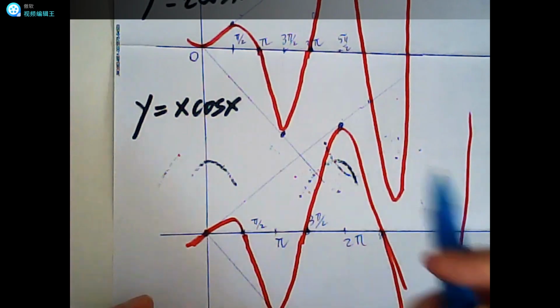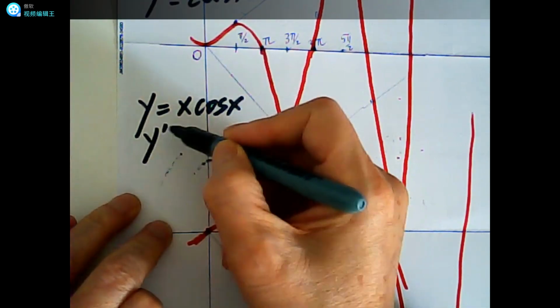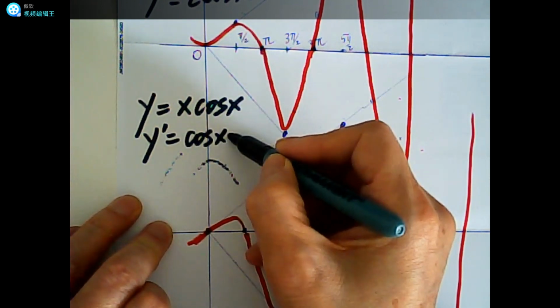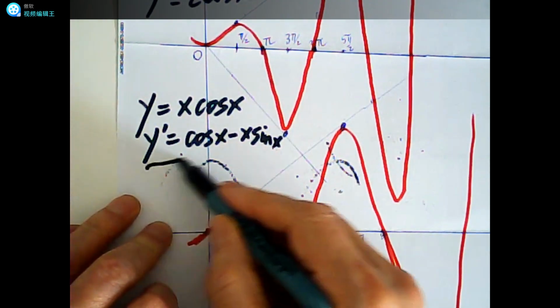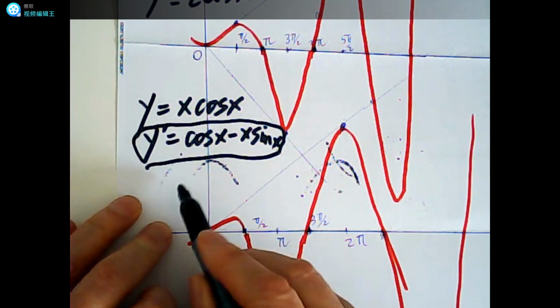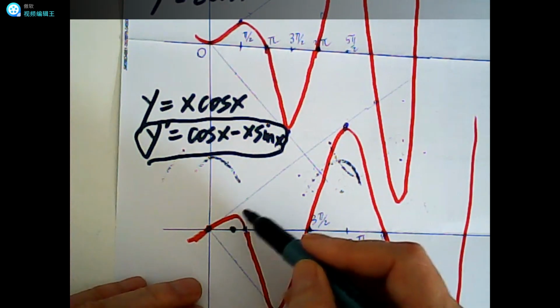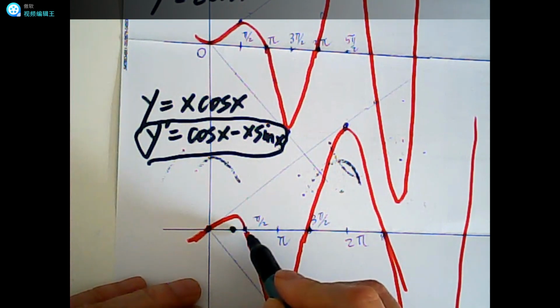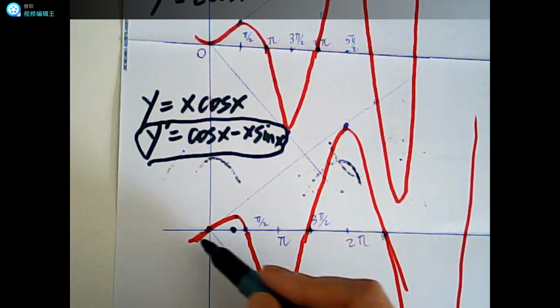To find this point, we just solve the equation: the derivative y' is equal to cosine x minus x sine x. We solve this equation and we get this point. This point is between 0 and half pi, where it reaches the maximum, and so on.